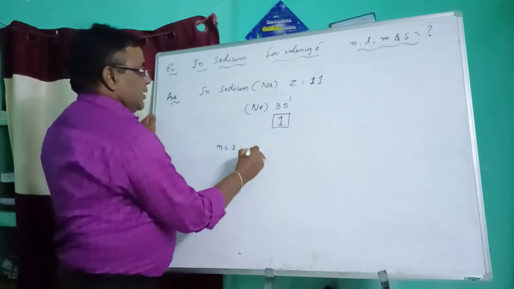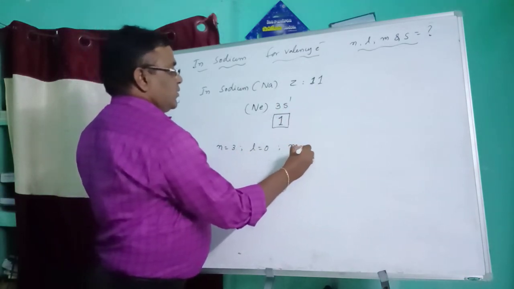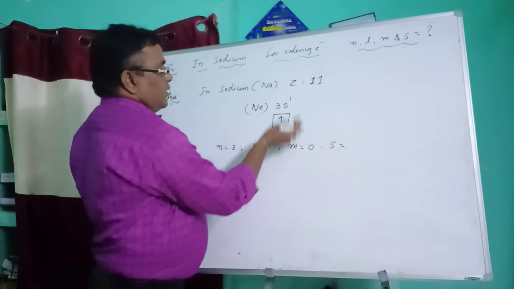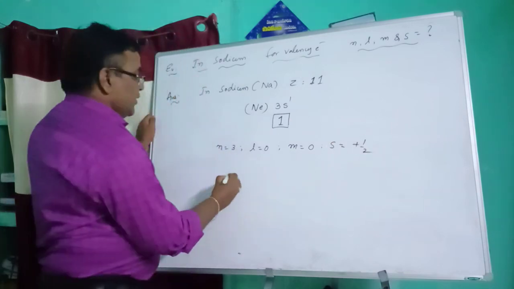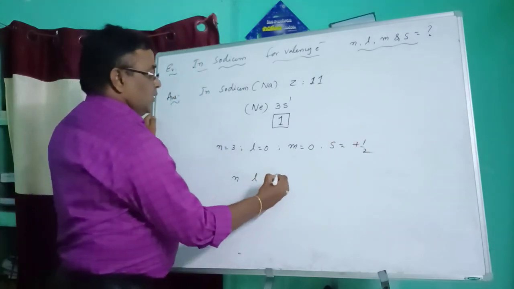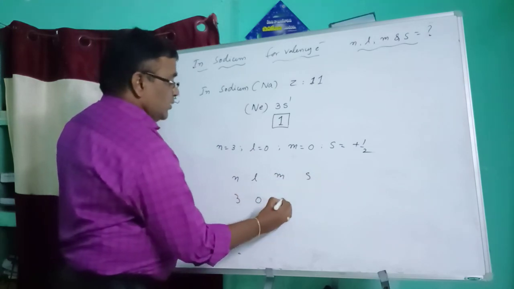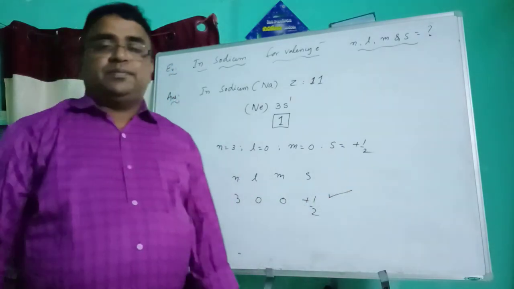For the s orbital, L value is 0. When L is equal to 0, there are no suborbitals, so M is equal to 0. S is equal to plus half, as there is only one electron. Therefore, N, L, M, S are 3, 0, 0, plus half.